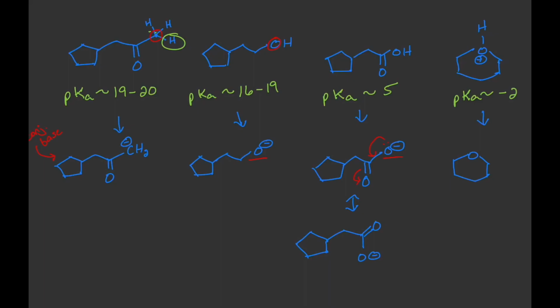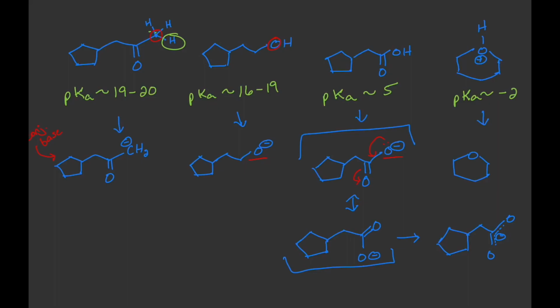So if we were to draw the charge stabilized form of this, again, resonance here, we could draw it like this. O, and then we have this negative charge distribution going around that dotted line. So that's what allows that compound to be more acidic. It's stabilized by resonance, and we can see that proton is more easily released because of the resonance stabilization.